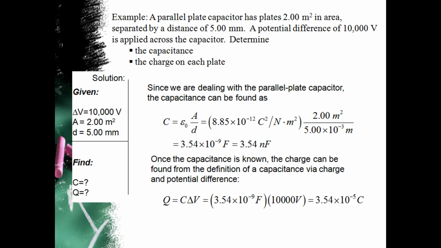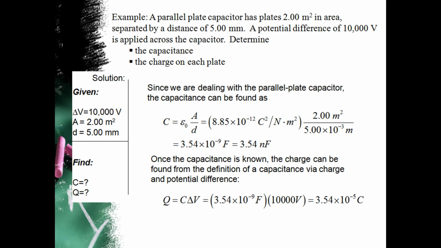From the value that we got for the capacitance, 3.54 times 10 raised to negative 9 farad, we multiply that by the potential difference, 10,000 volts. Kindly calculate the value using your calculator, and you should get 3.54 times 10 raised to negative 5 coulomb.